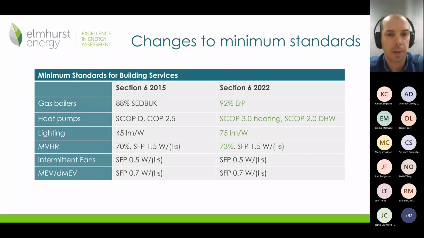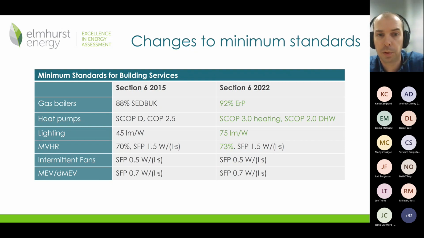There are some changes to minimum standards. We have seen an uplift, in line with what's gone on in the rest of the UK. These are nothing, again, that developers or manufacturers should be worried about. We've seen an uplift and a change to how we look at boiler efficiency. Historically, we've used SEDBUK efficiency, which needed 88% efficiency if it was gas.